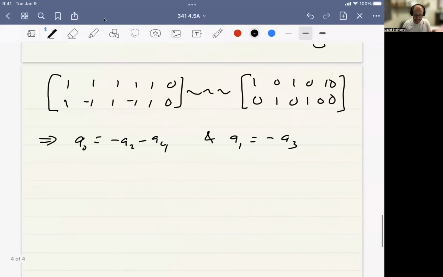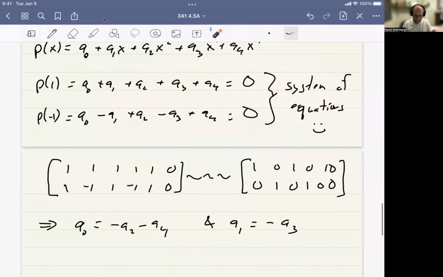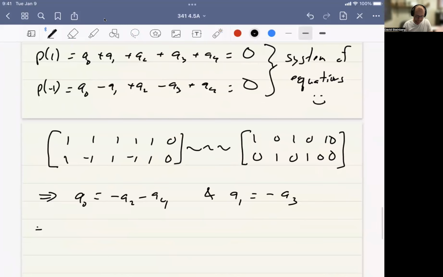So then what does p of x look like if a naught is secretly determined already by the other coefficients, and so is a1? Well, this means that p of x looks like minus a2 minus a4, that's our a naught.